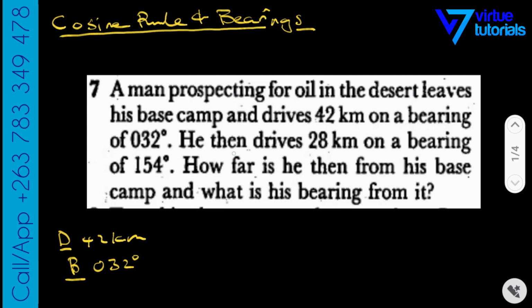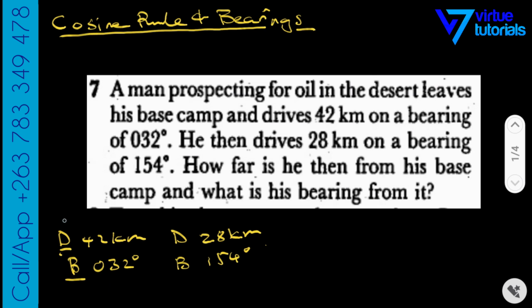And then he drives 28 kilometers on a bearing of 154 degrees. So he's going to travel another distance of 28 kilometers, and now the bearing is 154 degrees. How far is he from his base camp? So how far is he at the end from his starting point, and what is his bearing from it?